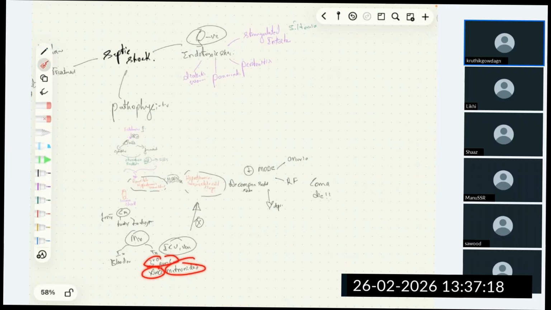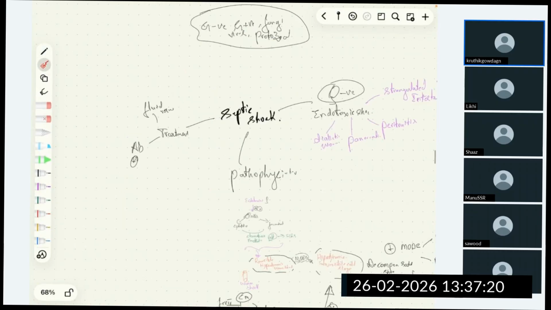Broad spectrum, we are covering all the organisms, gram positive, negative, and anaerobic.